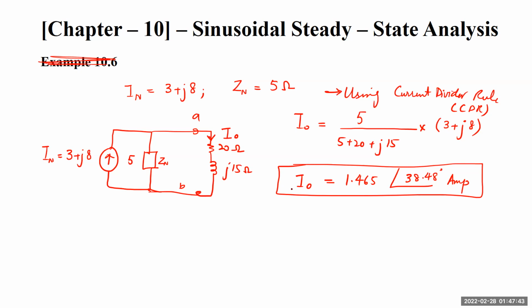Remember again, this is how we solve the circuit. Here we have completed chapter number 10 of our textbook. We have seen examples for almost all the techniques that are used in circuit analysis to solve AC circuits for steady state analysis, by using the phasor method, or by converting the circuits into phasors first, and then using different circuit analysis techniques to solve them for steady state analysis only.